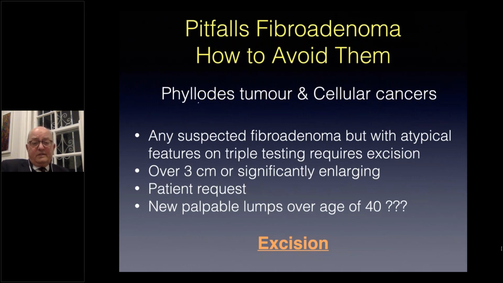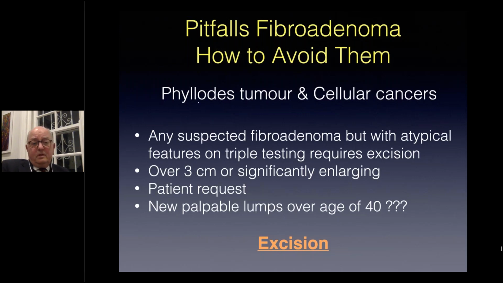The other group that need to come out are those that are over 3 centimeters, and some people will draw the line at 4, and you'll always find varying opinions. Or those that are significantly enlarging. They need to come out because they can achieve very large sizes, 9 centimeters, 10 centimeters.